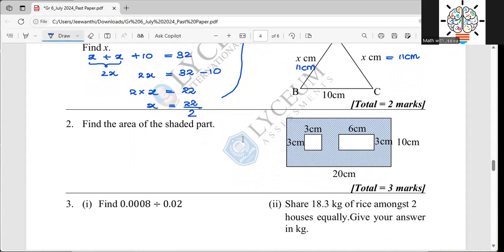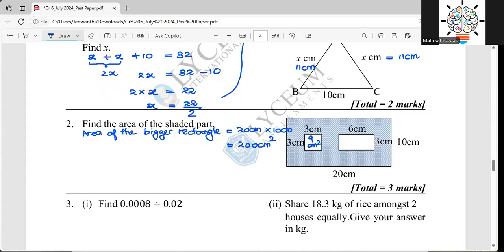Before that, you want to get the area of the bigger rectangle. How do you find the bigger rectangle? Right, you find 20 centimeters times 10 centimeters. The answer will be 200 centimeters squared. Then you want to get this one, 9 centimeters squared.